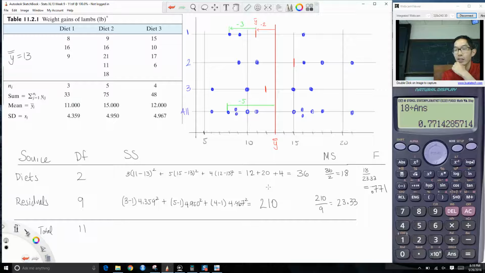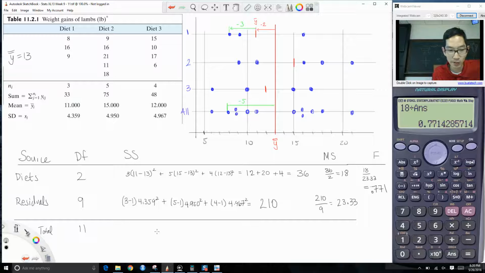The thing about the F table, let me just write this down. We have F equal to 0.771, and the F comes from a ratio between 18 and 23.33, okay? And so we actually have 2 degrees of freedom associated with F. We have a numerator and a denominator degrees of freedom, okay?